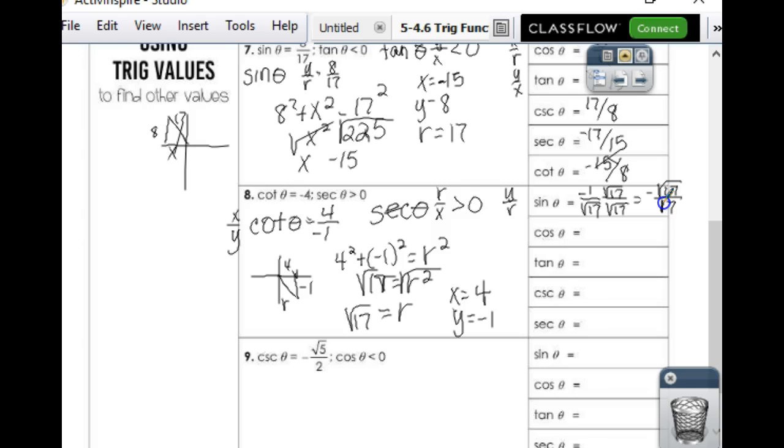So I get negative square root of 17 over 17. Sorry about the board, y'all. So the cosine is x over r. So my x is 4, and I have to rationalize again.